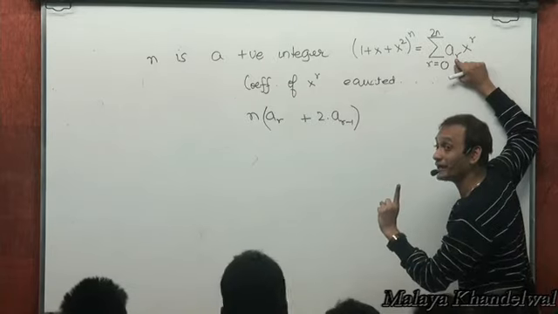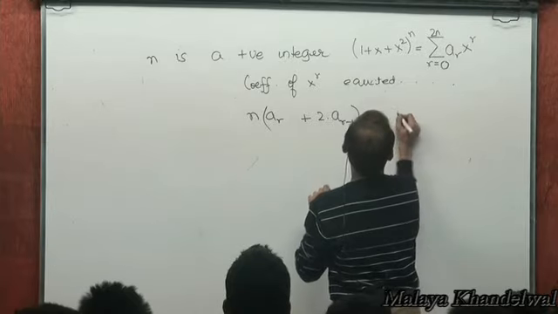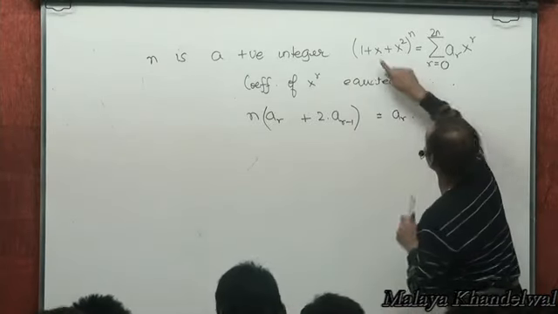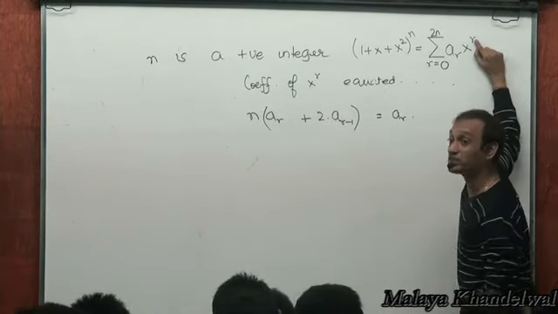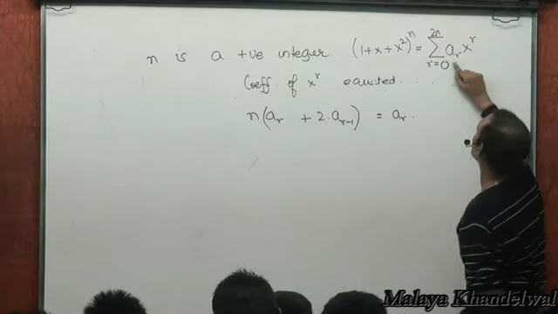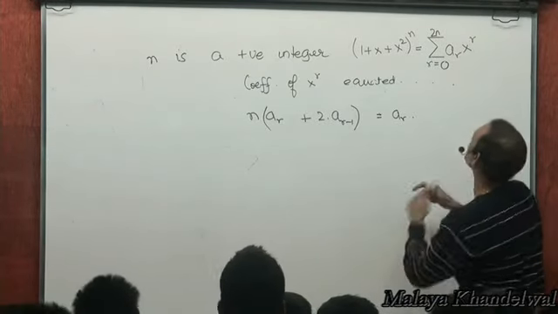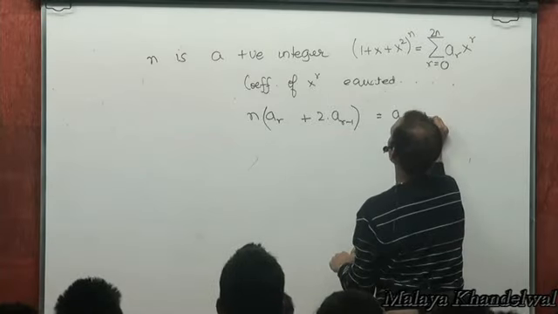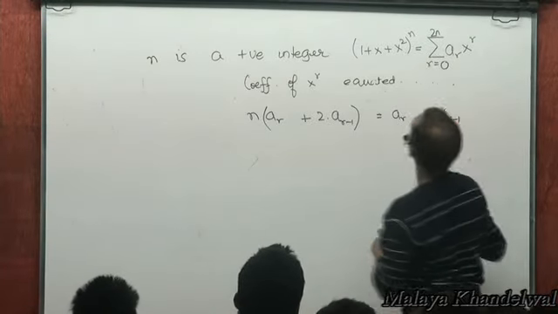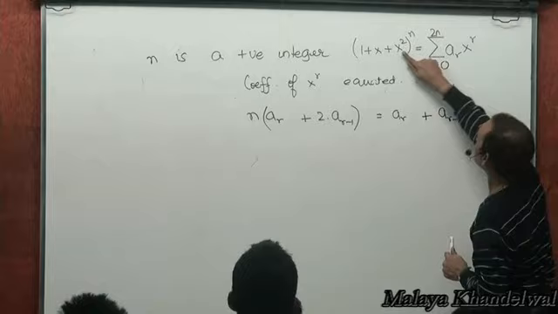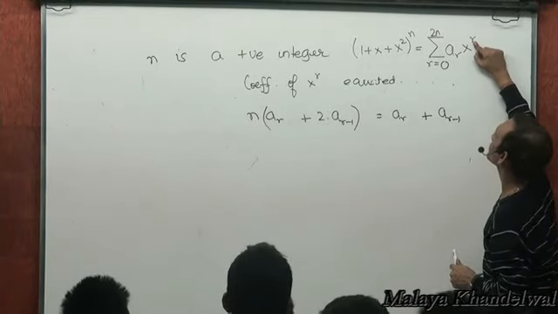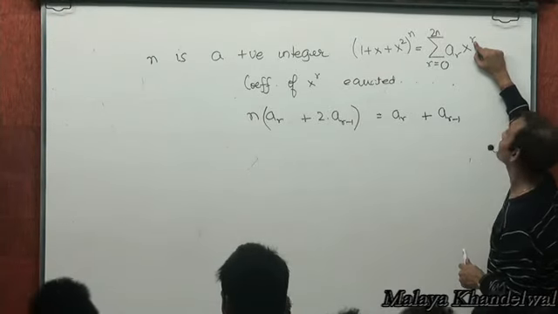So that's one way to get x^r, so A_R. Now x, I would have to seek x^(r-1), and the coefficient would be A_{R-1}. So plus A_{R-1}. Yes or no? X squared, I would have to seek r minus 2.